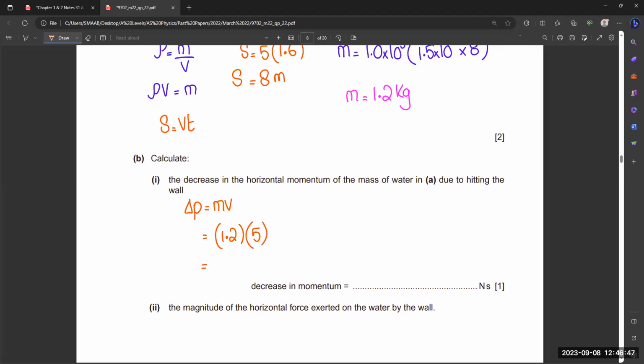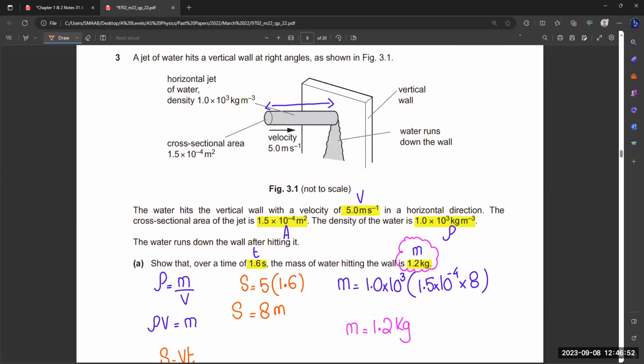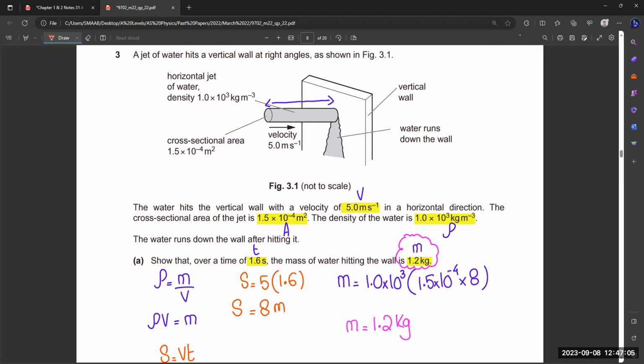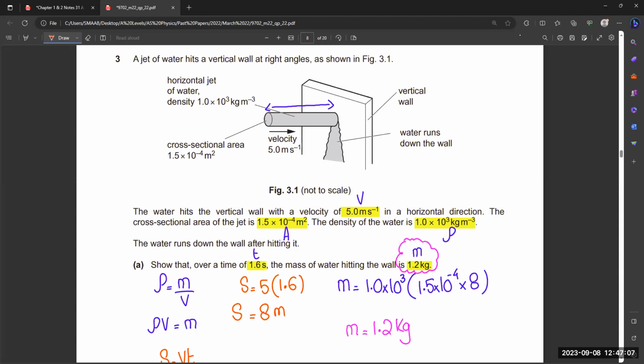Can't we use a different method? We know that change in momentum, they're asking for change, right? They're asking for the decrease. So change in momentum is equal to impulse, and impulse is equal to force multiplied by time. So what we can do is change the mass into force by multiplying it by 9.81, but you will get the same answer, because in the question they mention, show that over a time of 1.6 seconds, the mass of the water hitting the wall is 1.2.